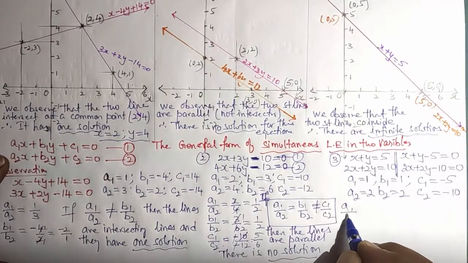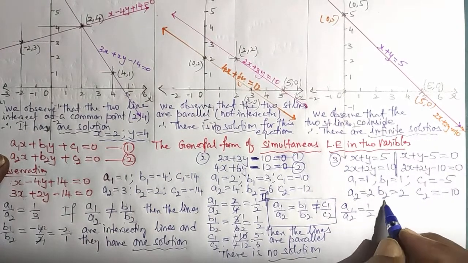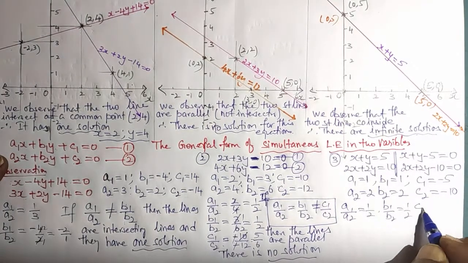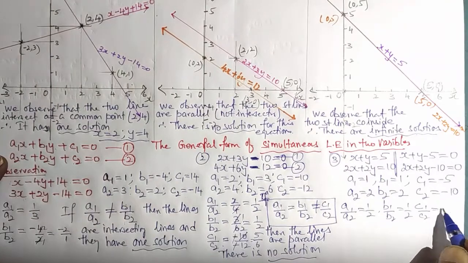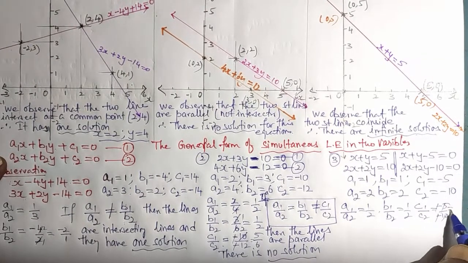So what is my observation here? a1 by a2 is equal to 1 by 2. b1 by b2 is equal to 1 by 2. c1 by c2 is equal to minus 5 by minus 10, minus minus cancel, again it is 1 by 2.